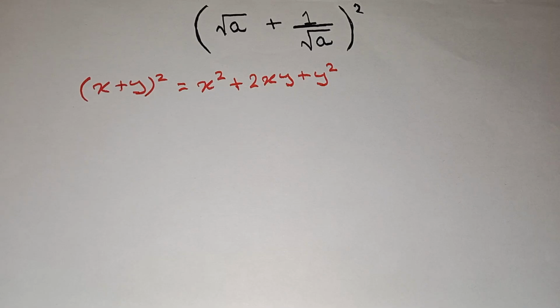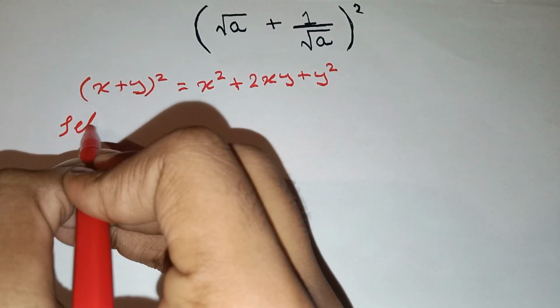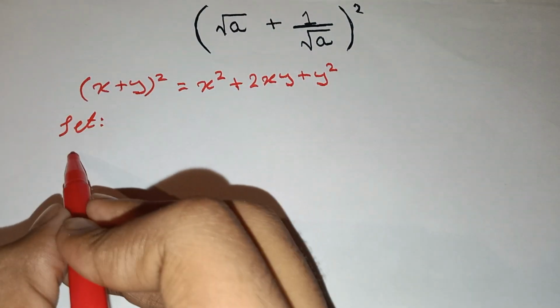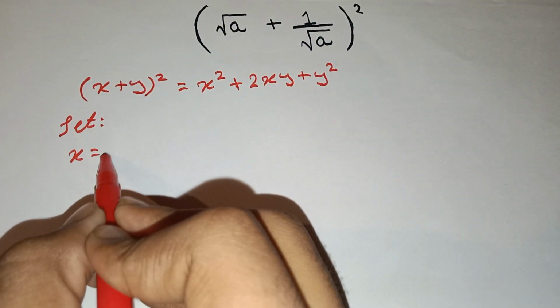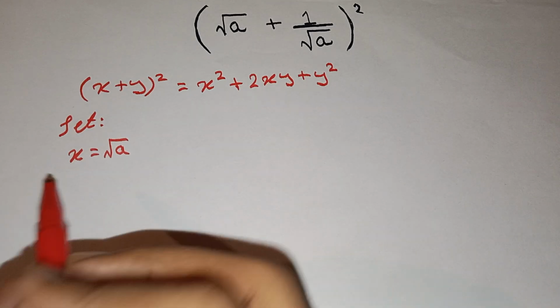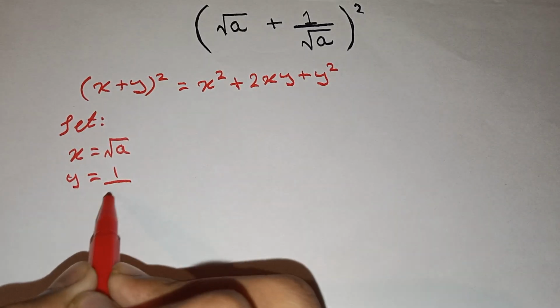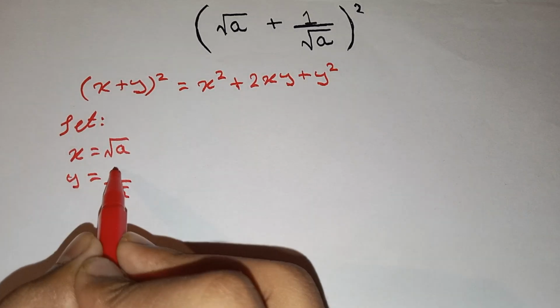Now let's suppose we have let x equal to square root of a, and y is equal to 1 upon square root of a.